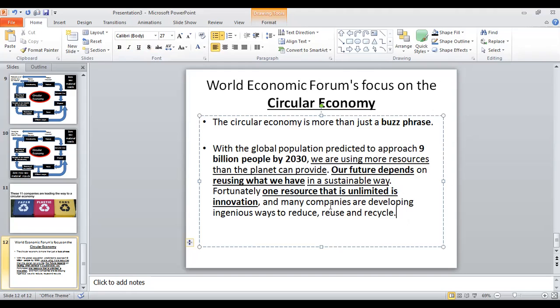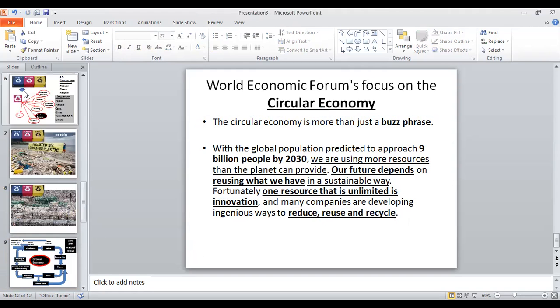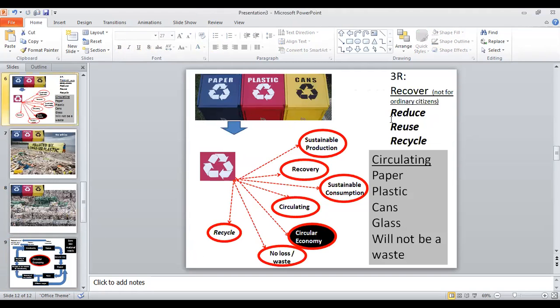And many companies are developing ingenious ways to reduce, reuse, and recycle. This is the 3R they are talking about. Okay. Reduce, reuse, and recycle. So the 3R we have mentioned here. Reduce, reuse, recycle.